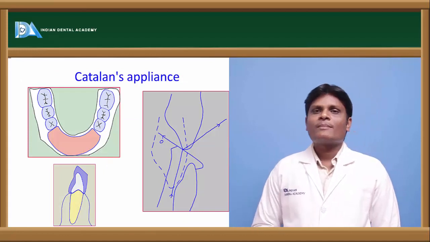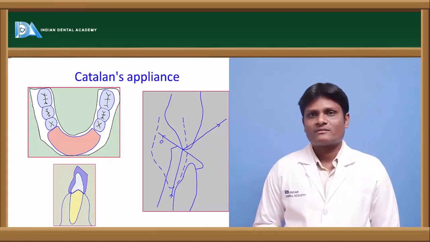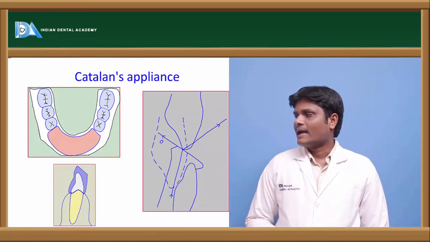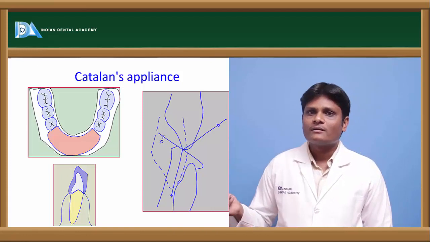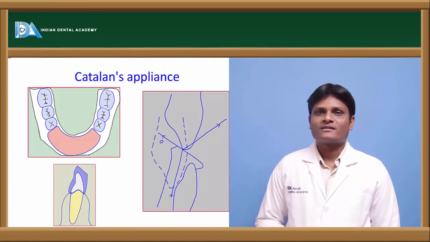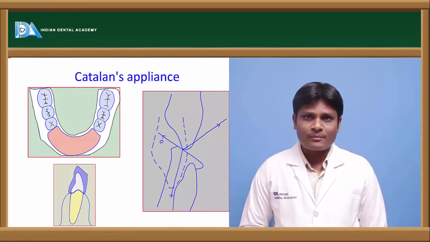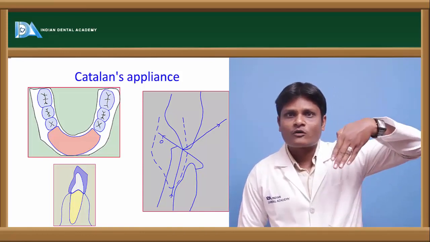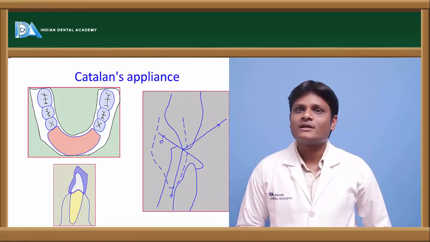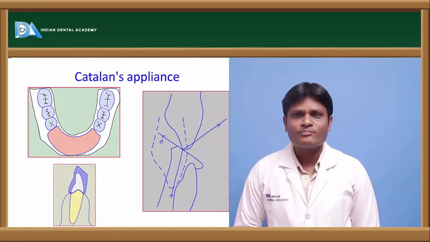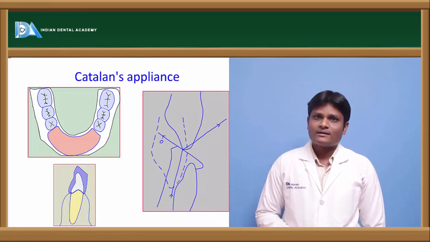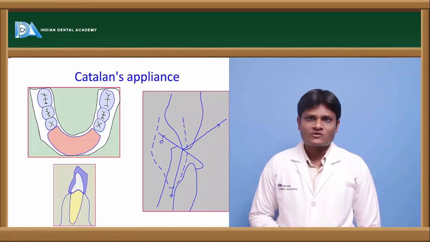We have some removable appliances like Catlan's appliance, which is nothing but an anterior inclined plane in the lower anterior region. So every time the patient bites onto this anterior inclined plane, it will produce a forwardly directed force on the maxillary tooth that is in crossbite relationship, thereby correcting the developing anterior crossbite.